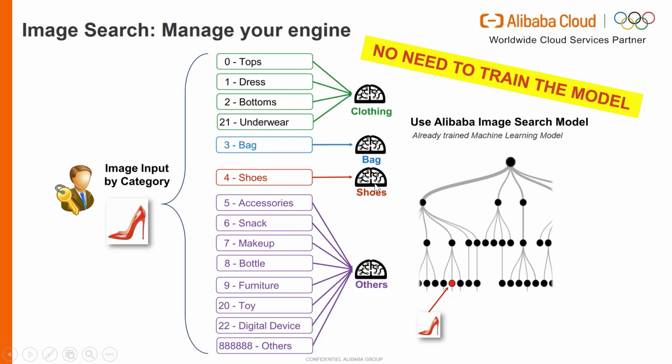Inside the image search engine, there are multiple models. There's a model for shoes. But if you made a mistake, which means instead of inserting the information into the shoe model, you save it into the bag model, your user who wants to search something in the shoe model won't find the red shoes.